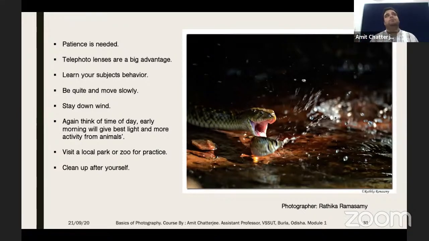Then one suggestion that I give before you go into wildlife is that wildlife photography is actually a very expensive hobby, and I say expensive because of two things. One, if you want to be out in the wild, you need to go to a forest or to a scenic place.